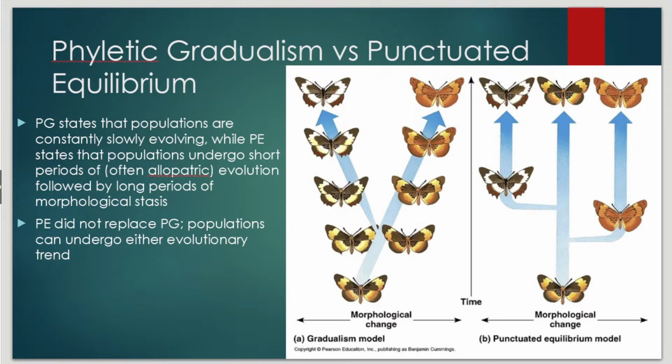No, they work together to explain how biodiversity changes through time. Phyletic gradualism states that populations are constantly, slowly evolving, slowly splitting, and punctuated equilibrium states that populations undergo short periods of generally allopatric evolution, that means they're separated by geography, followed by long periods of morphological stasis. And as I said, PE did not replace PG.